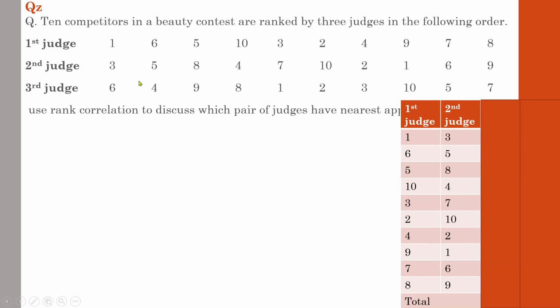So here ranks are already given. In the question it is already said that 10 competitors in the beauty contest are ranked by the judges. Sometimes in the question ranks may not be given. So how are you going to find whether the given details are ranks or not? Remember, usually ranks begin with 1 and end at a maximum of 10.